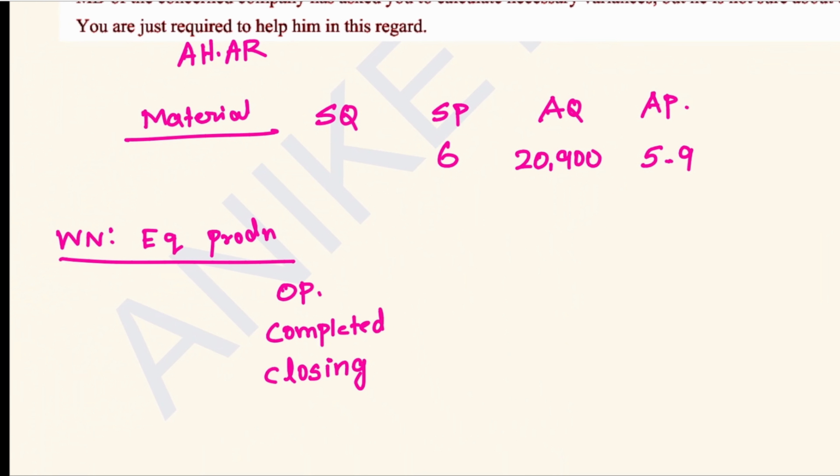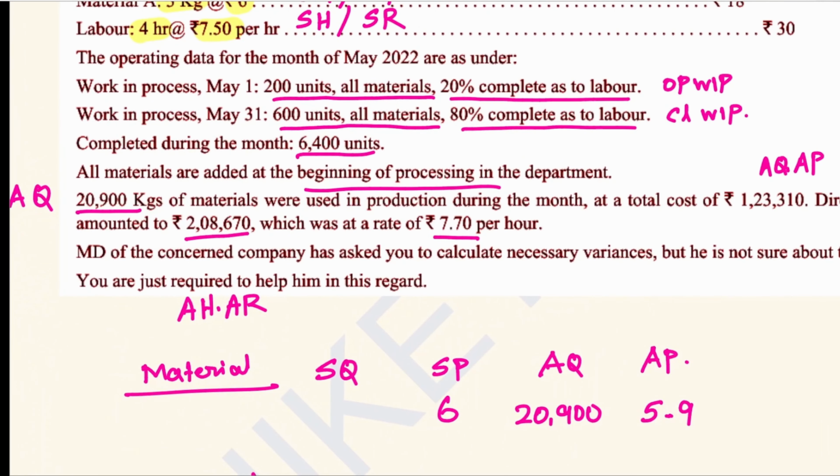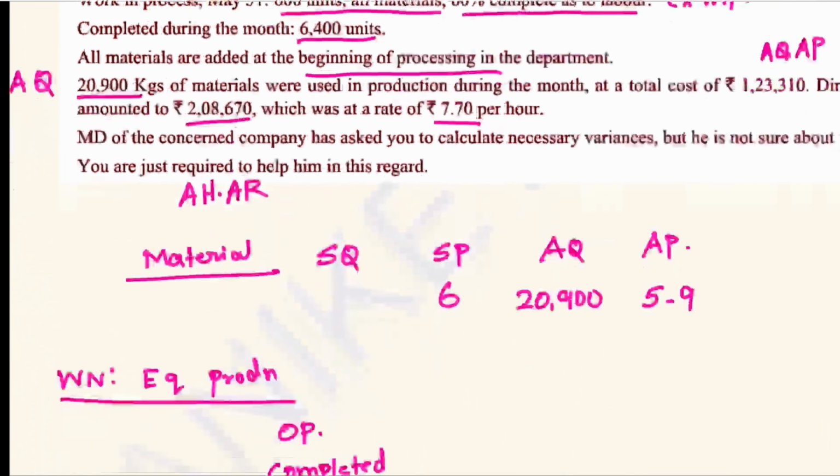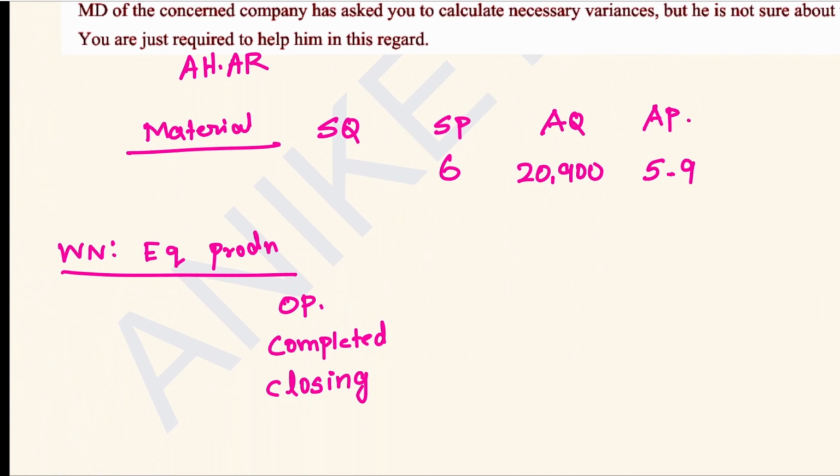So how many units are completed here? 6400 units. So this also includes your opening material, correct? So out of these two, both put together, you have 6400. So opening is 200. That means my completed will be 6200 and closing is 600.